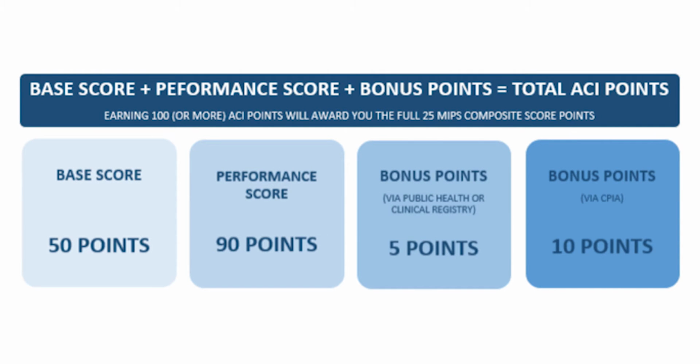The base score is worth 50 points, the performance score is worth up to 90 points, and the bonus point section is worth up to 15 points. Now, if you're good at math, you probably realized the sum of those 3 categories is worth more than 100 points. If you earn more than 100 points, though, you won't receive any extra credit. CMS will cap your points at 100.